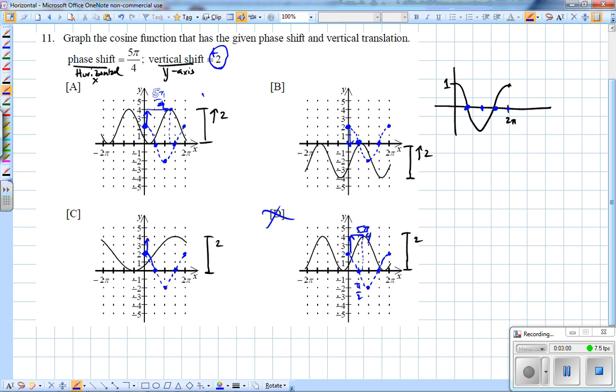Over here, we're close to this marker, which is pi. 5/4 is equivalent to 1.25, so you're closer to the 1.25. If you look at this graph over here, you are at 3 pi over 4. So from here, I would estimate that this is the best one to approximate a 5 pi over 4 phase shift.